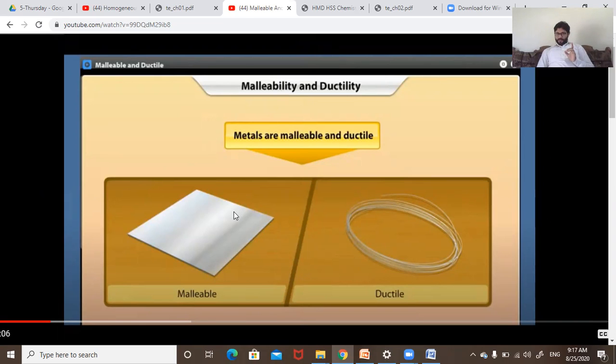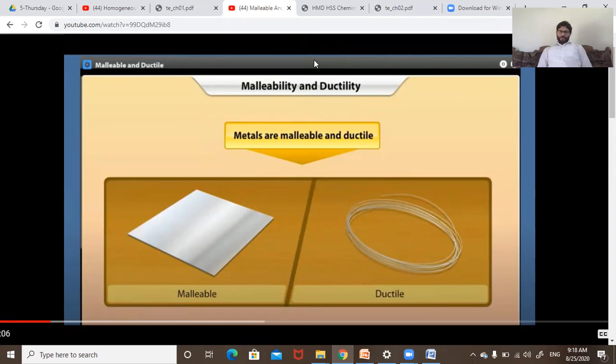When the same metals are drawn into thin wire, we call it ductility. These are the two properties related to metals. If we have a glass and hammer it, it will never convert into a thin sheet. It will break into pieces. We call non-metals brittle, while metals are malleable and ductile.